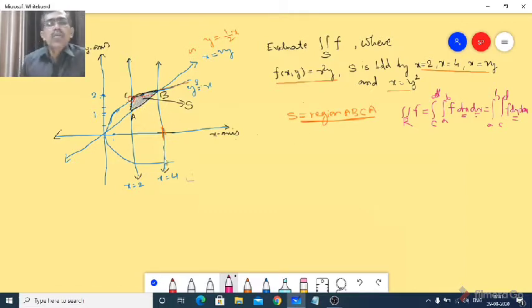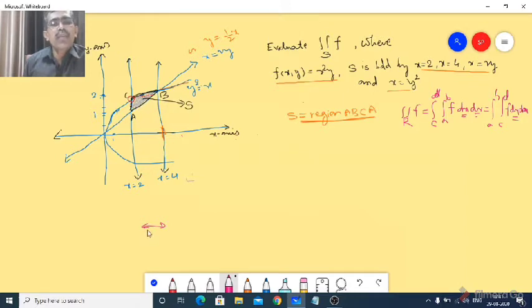you take a line parallel to the x-axis, a line like this in region S. You take this line in region S and move it along the y-axis, since I want to cover the region.